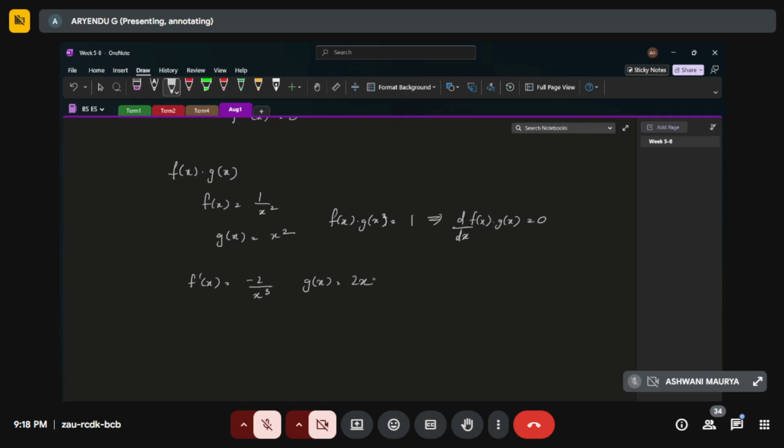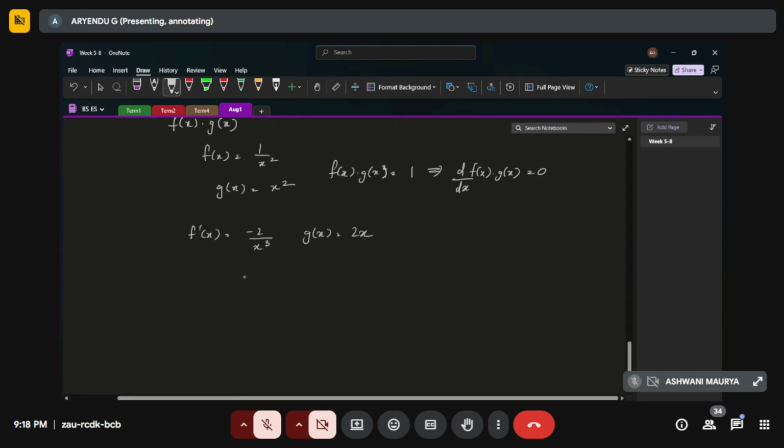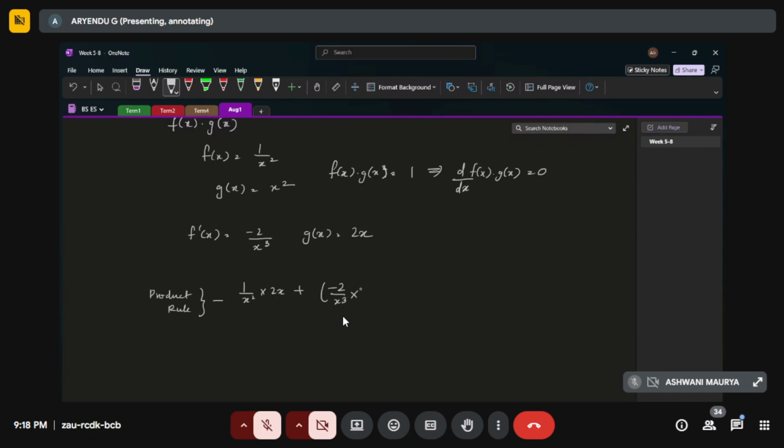So if you use the product rule, it will be 1 by x square into 2x, plus minus 2 by x cube into x square.